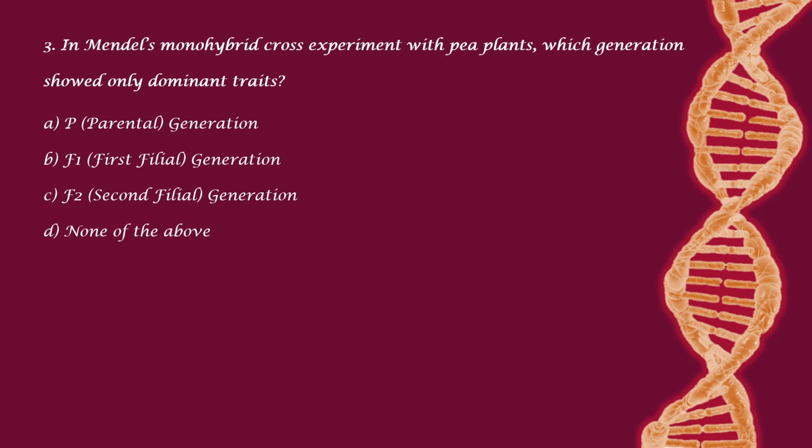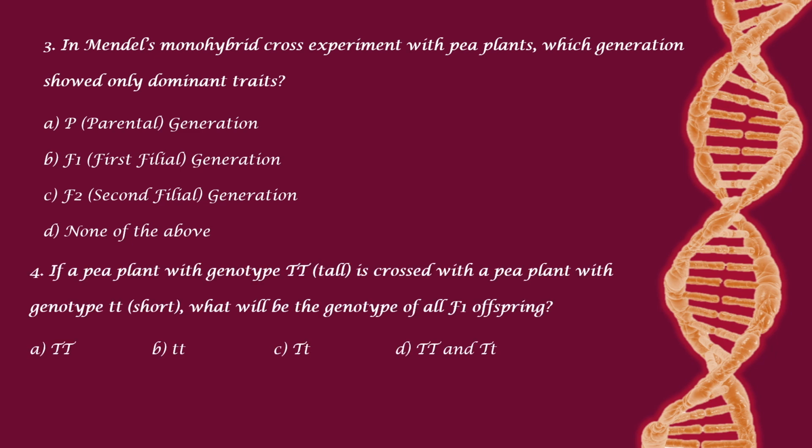In Mendel's monohybrid cross experiment with the pea plants, which generation showed only dominant traits? Only dominant. Which one? Parental generation, F1 generation, F2 generation, none of the above. What is the correct answer? Yes, correct. In F1 generation, all the plants will be dominant because of the law of dominance, right?